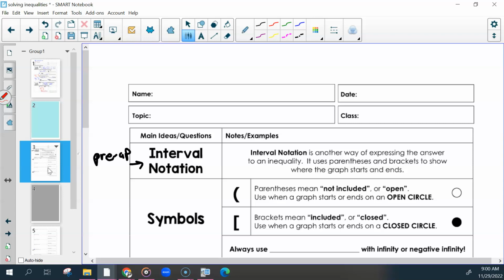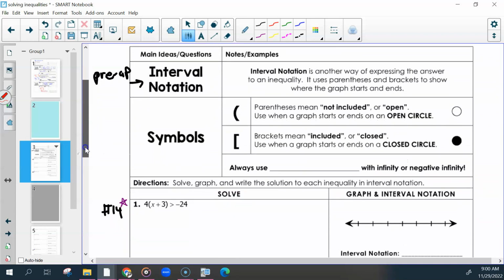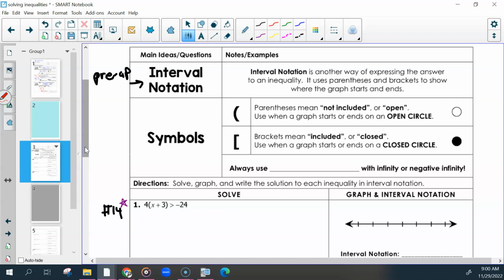Right, this is like an extra step. Those of you going on to Algebra 2, you'll be using interval notation all the time. So this is a good intro to that. With interval notation, we write using parentheses or brackets. Think about parentheses, go with open.